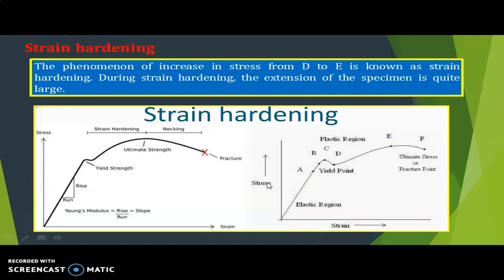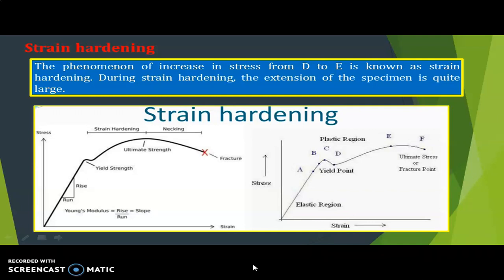All of you know now, in the last classes I explained what is proportionality limit, what is elastic limit, what is yield strength, what is ultimate stress, and what is fracture point. This portion is called the elastic region. Till C, the material regains its shape and size after the removal of the load.